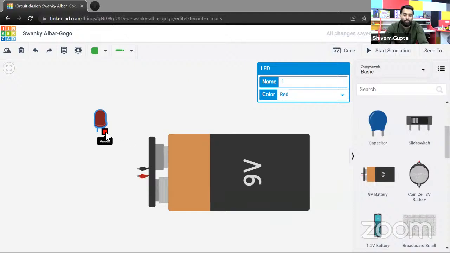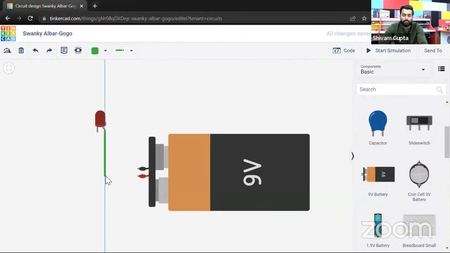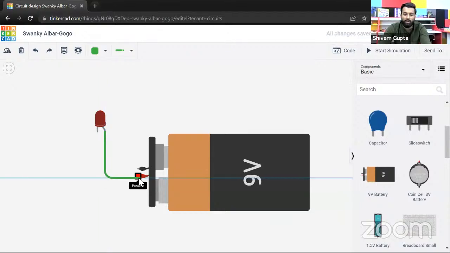You can also see here that we have the anode, and this is the cathode. So we will be connecting the anode to the positive terminal of the battery like this.